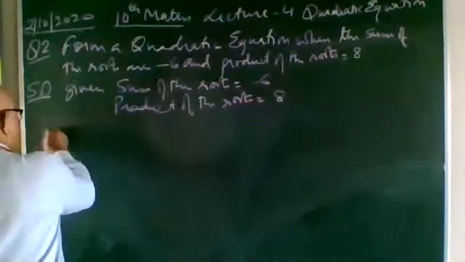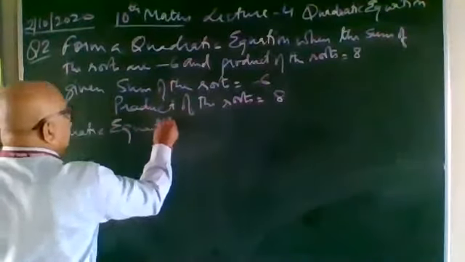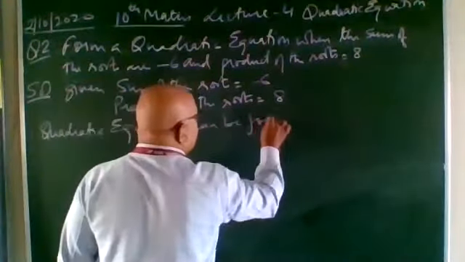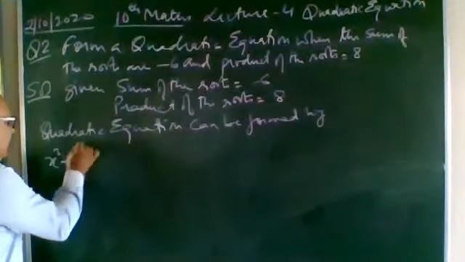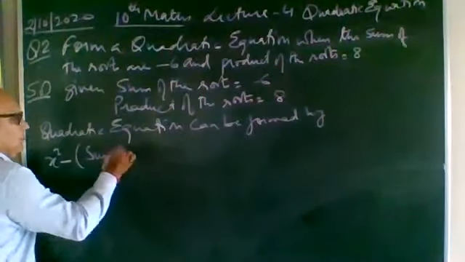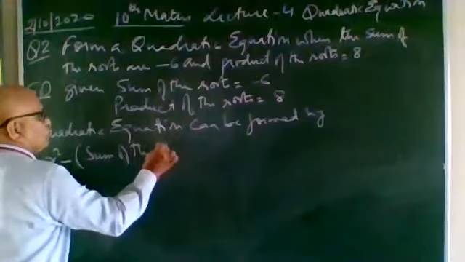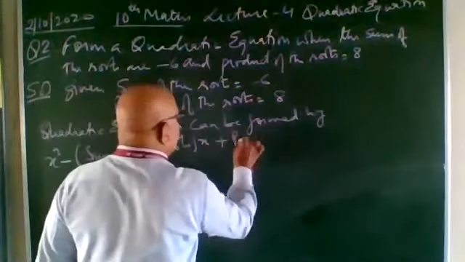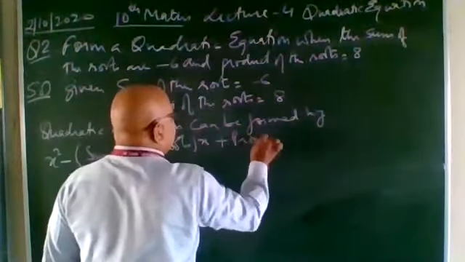The quadratic equation can be formed by x square minus sum of the roots x plus product of the roots equal to 0.